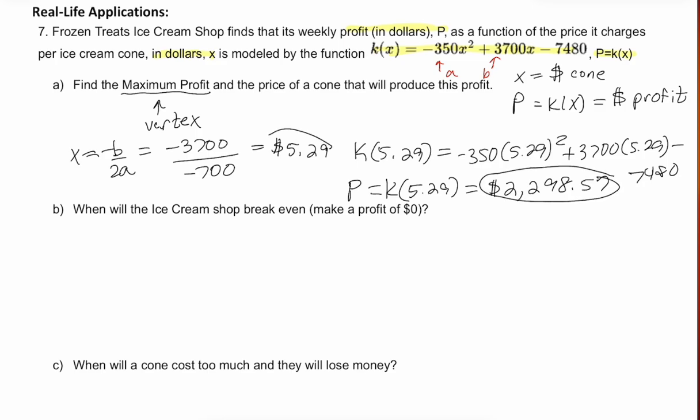Okay? So we've answered both things, and it's important that we understand. We could even put a little sentence and say, if we charge a price of $5.29 for a cone, we will make a maximum profit of $2,298.57. So putting the words with that is a good idea when answering a question like that.